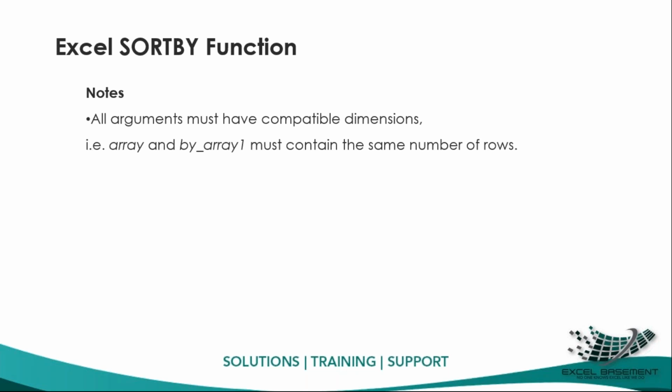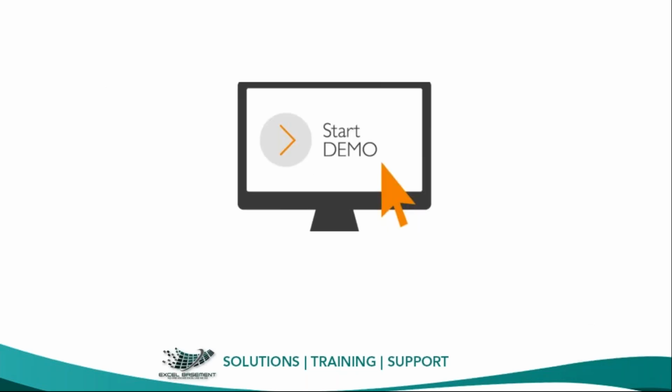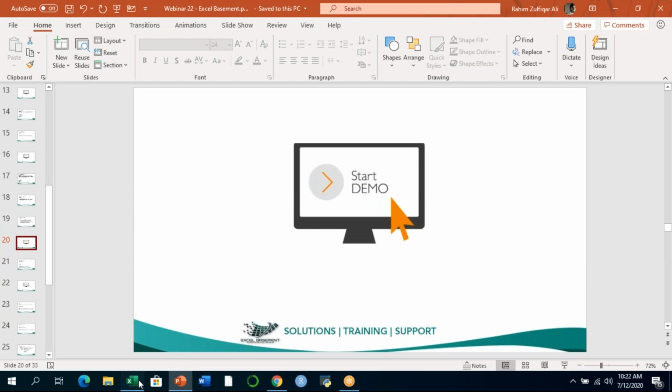So it should be the same number of rows. The by array arguments can only be one row or one column. The sort order argument can only be 1 ascending or -1 descending. If no value is provided, sort by will use ascending order by default. So let's start the demonstration part, how sort by works.